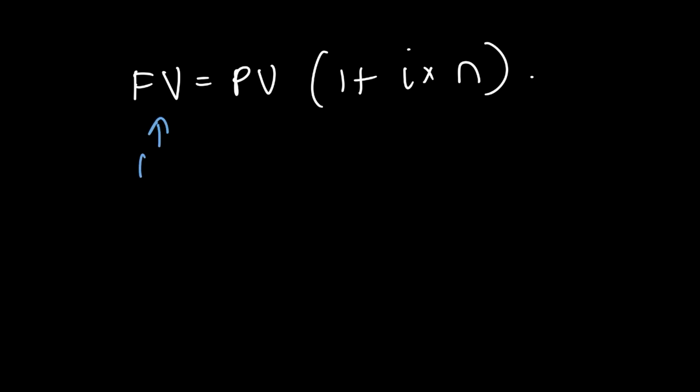So future value is equal to present value times 1 plus i times n. And let's just again remind ourselves what everything means. This is the future value. This is the present value or the principal.